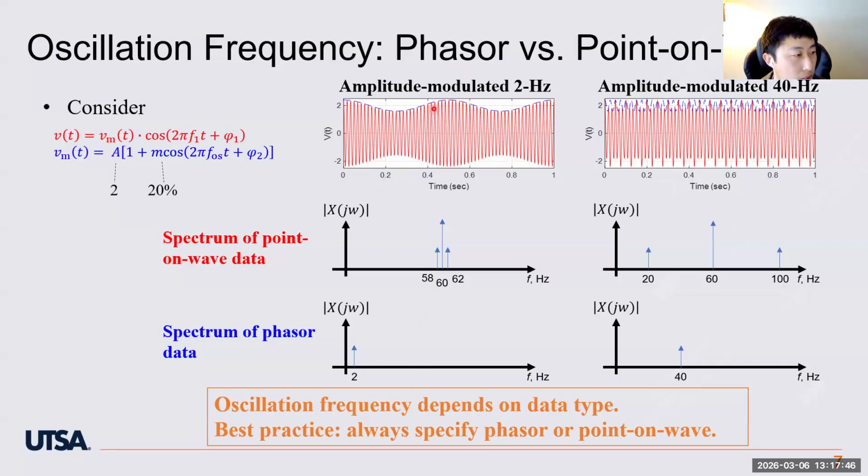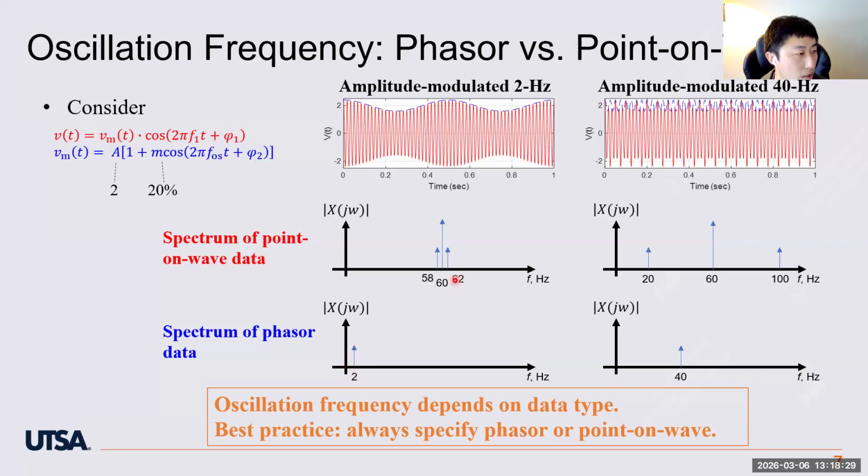If you look at the first column here, the first plot shows the time domain behavior of the 2 Hertz oscillation modulated in the magnitude. The second plot is the frequency spectrum of the waveform data, which is the red curve here. And the third plot is the frequency spectrum of the phasor data, which is the blue curve right here. The oscillation frequency we are talking about in most cases is the frequency in the phasor data, which is 2 Hertz here.